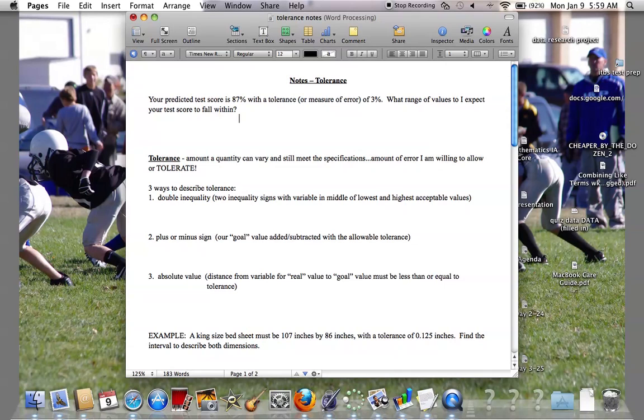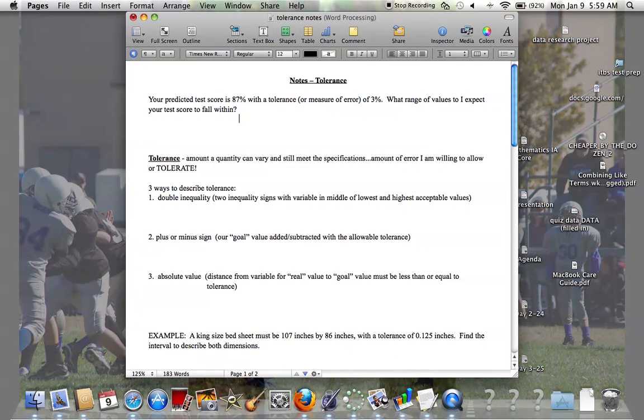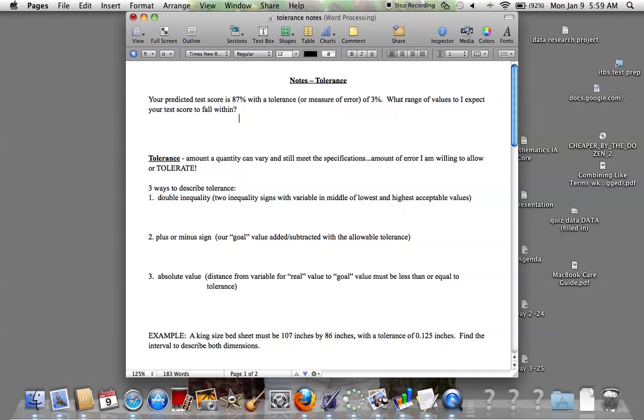So as you look at this question, you're going to start with your goal score, which is 87. And if you have a measure of error of 3%, that means you can be above 3% or below 3% of the goal. So if you're at 87 and you're 3% below that, you would be at 84%.